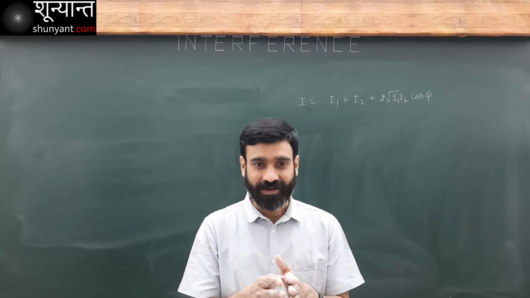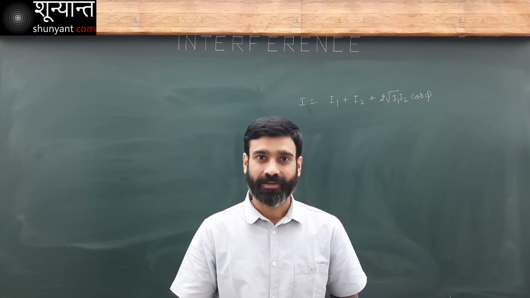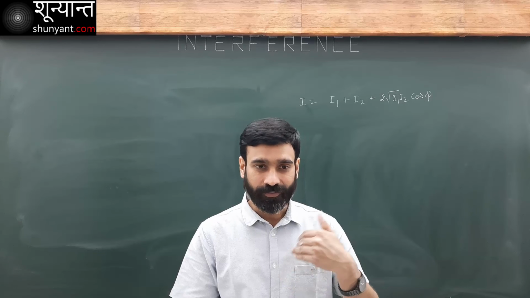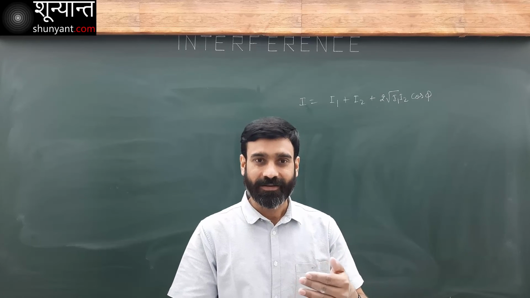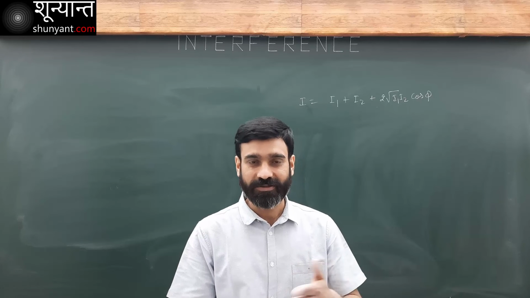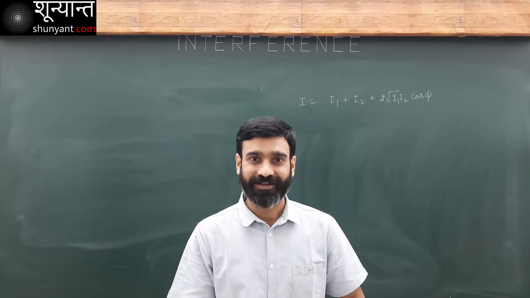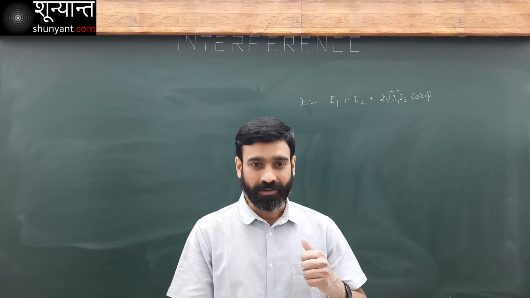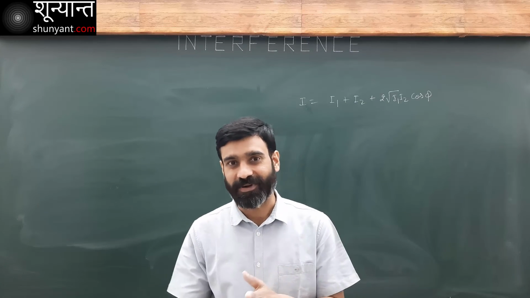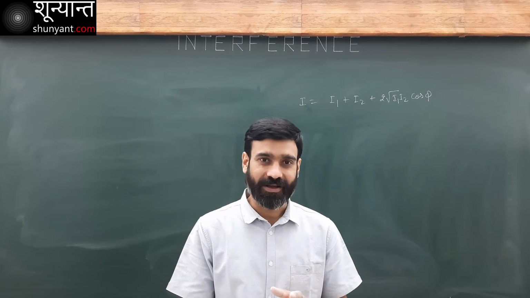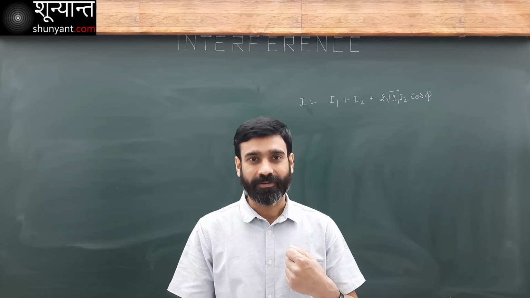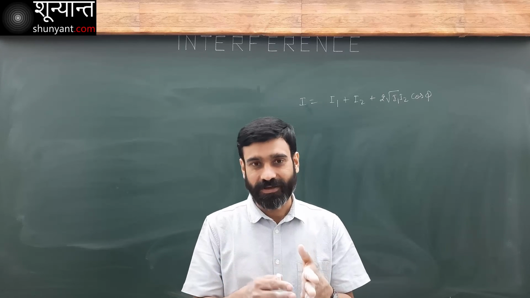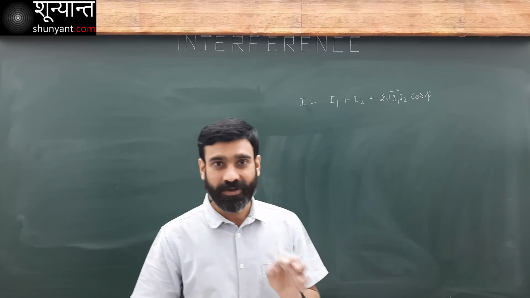So that fringe pattern is not stable, and it fluctuates so fast that you are not able to figure out if there is any fringe pattern or not. So the fringe pattern is not discernible. Even if there is a fringe pattern, it is changing so fast with time that to us it appears as if there is no fringe pattern at all, and the whole screen has the same average intensity.